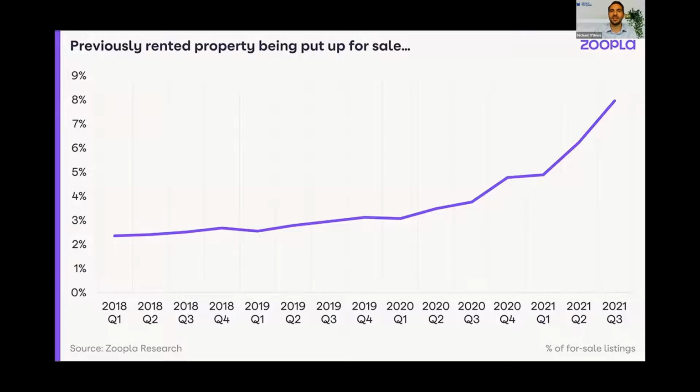And as you can see, this graph has been increasing, probably, as we suggest, due to the mortgage interest rate changes, and therefore landlords considering to cash in on their investments, and property prices obviously have been increasing over these years as well, which means that there's more need for this advice.